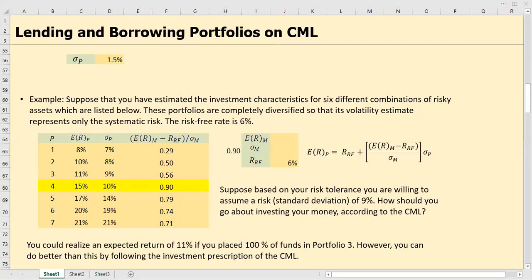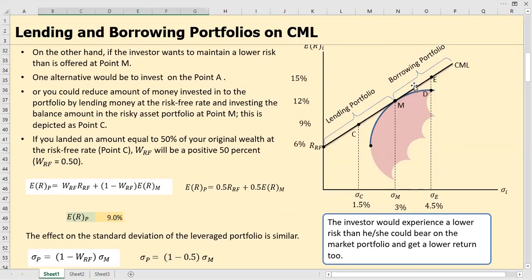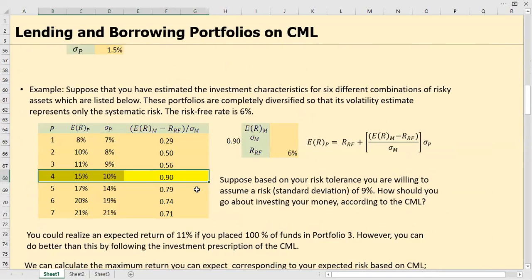So at this point, according to this graph, you have a slope of 0.9 for the capital market line as well as for the efficient frontier. So the highest slope is here. That's how you identify the market portfolio.